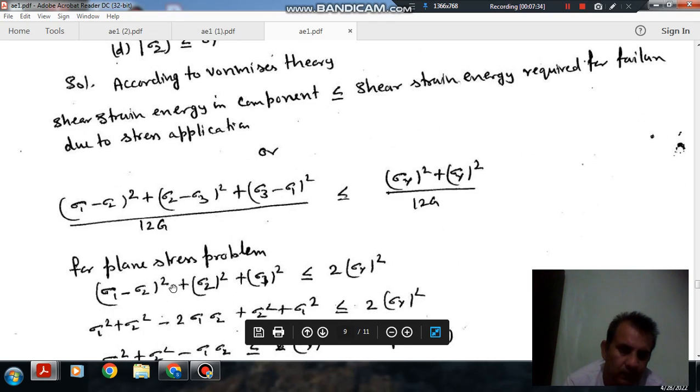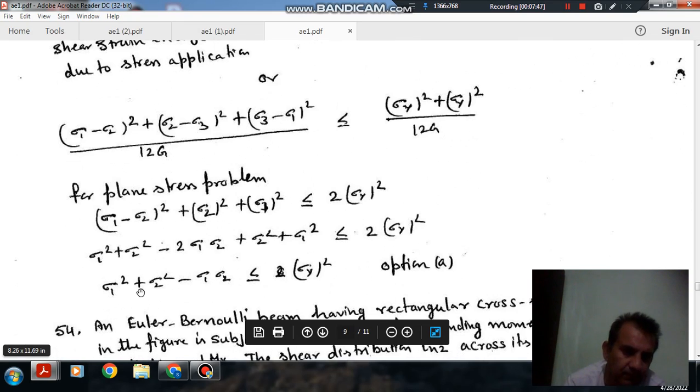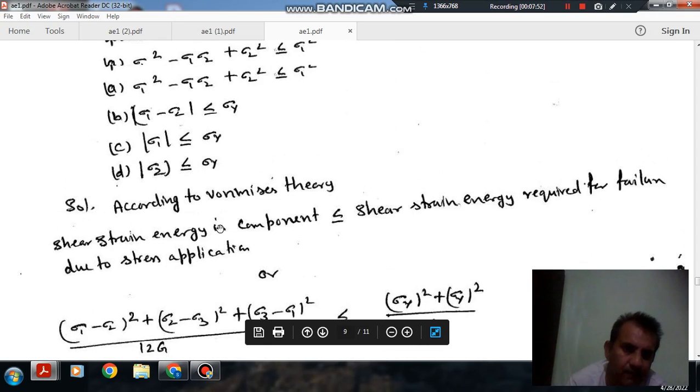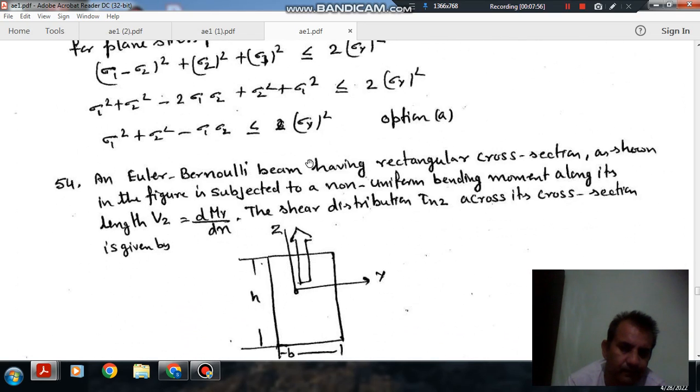Okay, so from this we get (sigma 1 minus sigma 2) square plus sigma 2 square plus sigma 1 square should be less than or equal to 2 sigma y square. Okay, or sigma 1 square plus sigma 2 square minus sigma 1 sigma 2 should be less than sigma y square. So option A is the right answer. Okay.